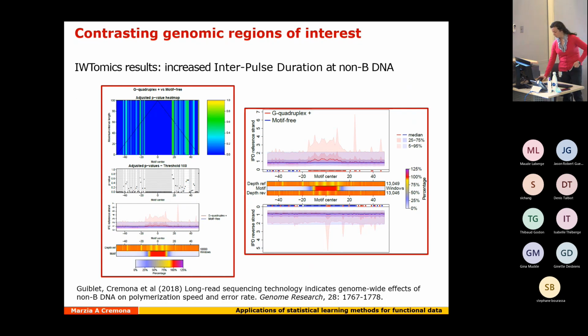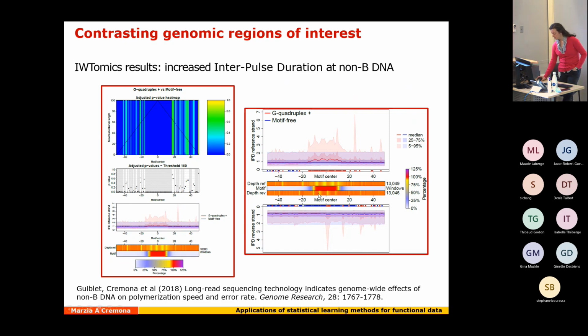So I will skip the one on the left, but the figure on the right basically shows you this interpulse duration in the control regions, so the usual double-strand regions, and those are in blue. And in red, we have the interpulse duration for G quadruplex.